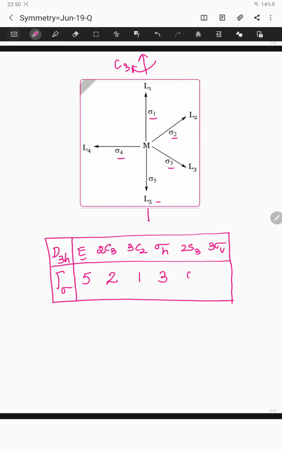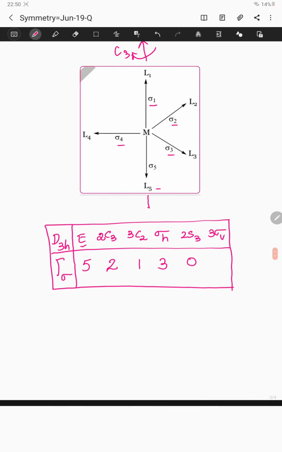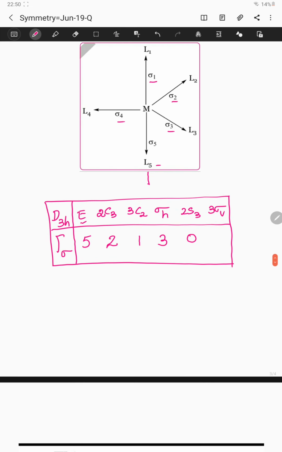So after S3 operation, no bond would remain unshifted, all the bonds are shifted, therefore the character under S3 would become 0. And every sigma v will take up the axial ligands and one of the equatorial ligands which will be unshifted, therefore the character under sigma v will become 3.